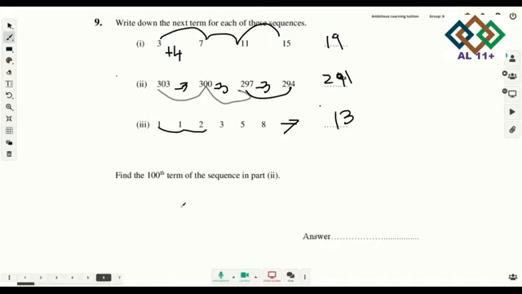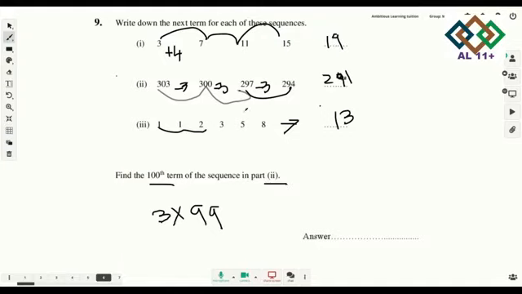The next one, they're asking you to find the 100th term in the sequence. So the 100th term would be, go with the last one. What are you doing? 3 multiplied by 99. They want you to see part 2 of the sequence.